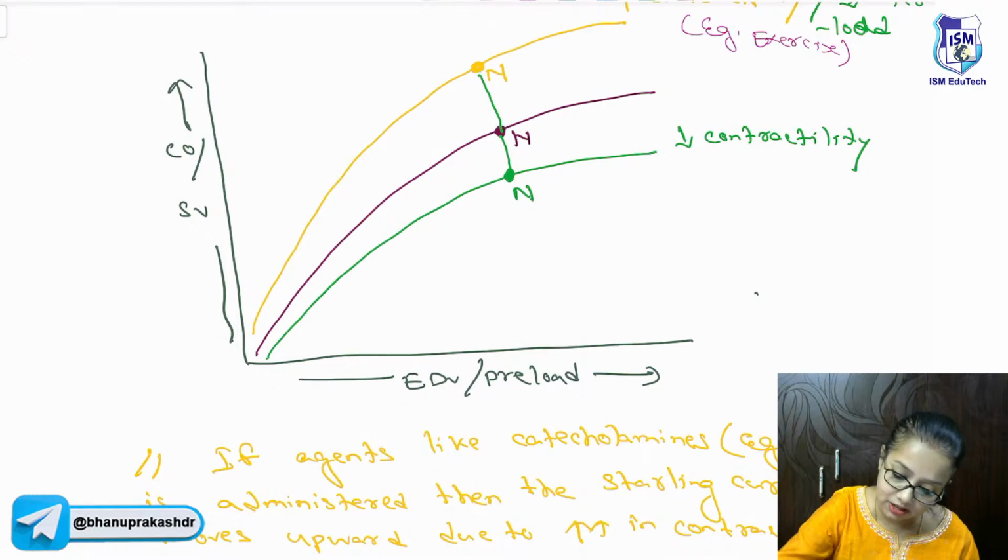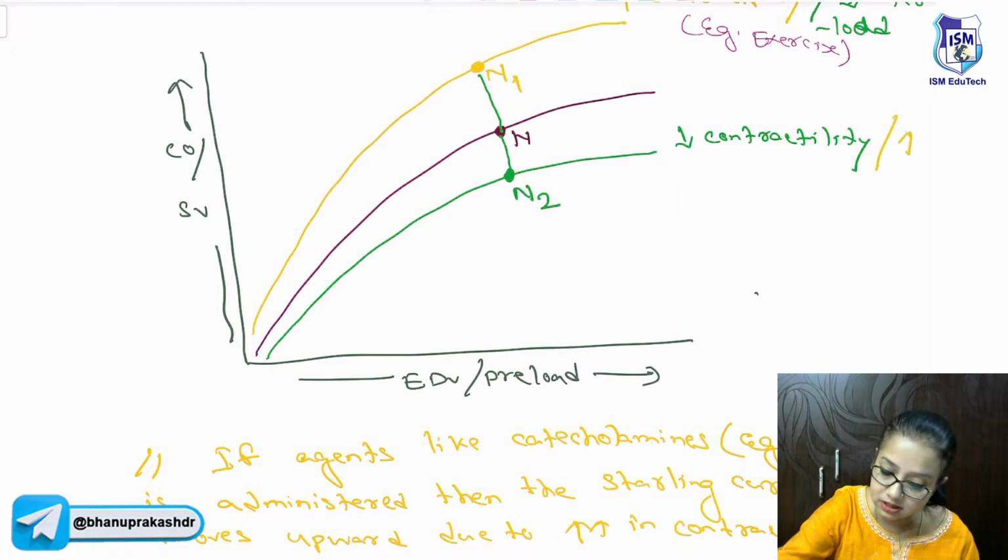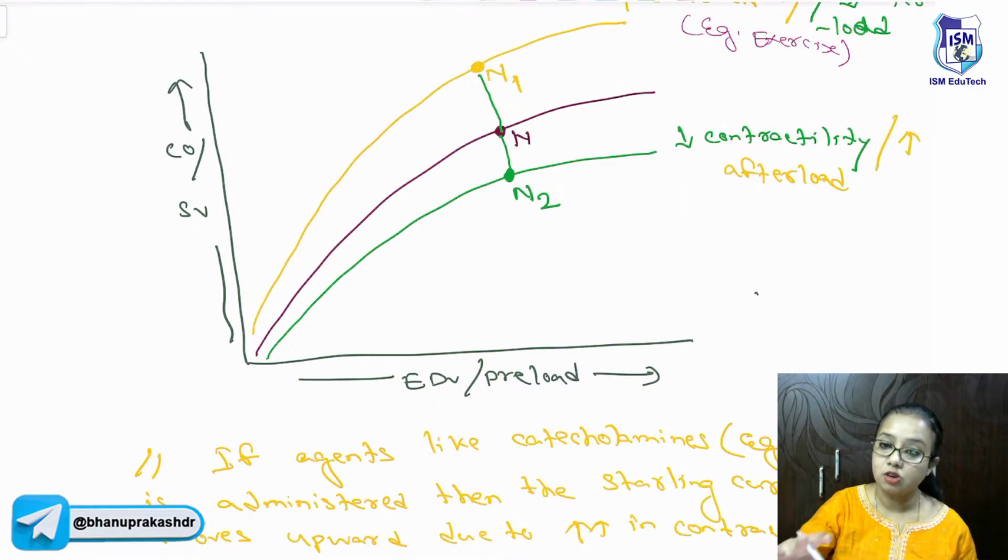Similarly, for our understanding, let us call the points N2 and N1. So here you can see at the N2 point, decrease in the contractility or increase in the afterload both decrease the amount of blood that is pumped to the periphery.